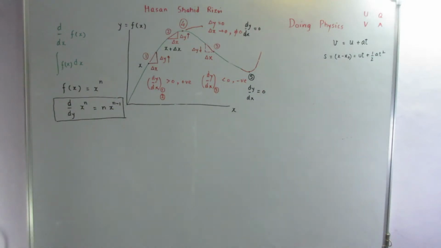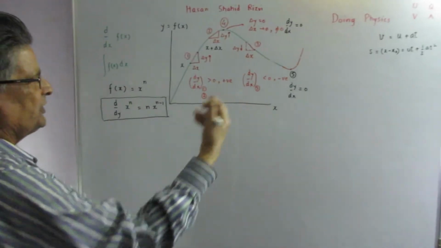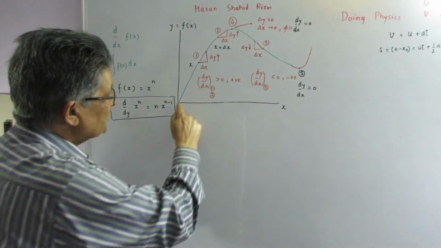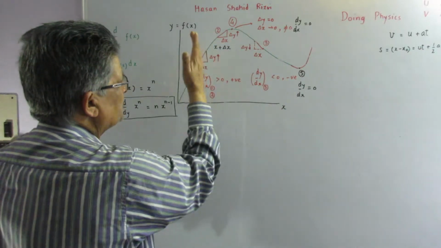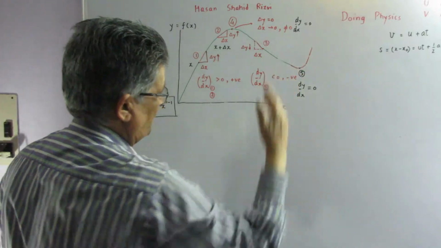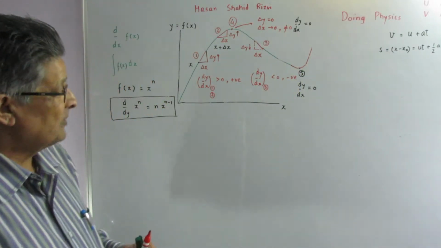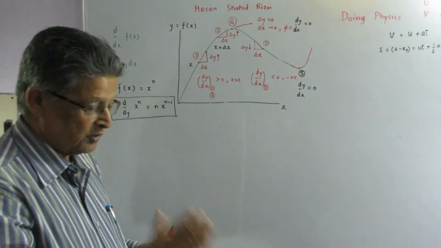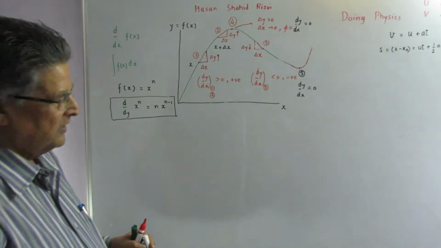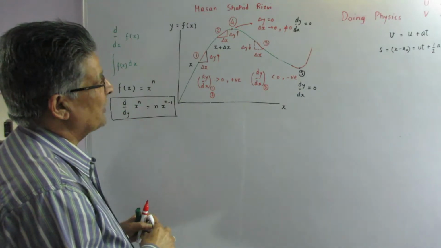Now, suppose this is the process of differentiation, where I've cut this graph into small slices, like a butcher uses his knife to make keema.